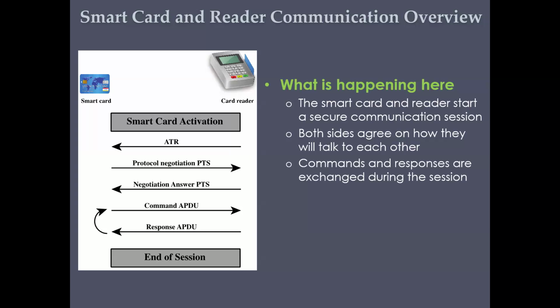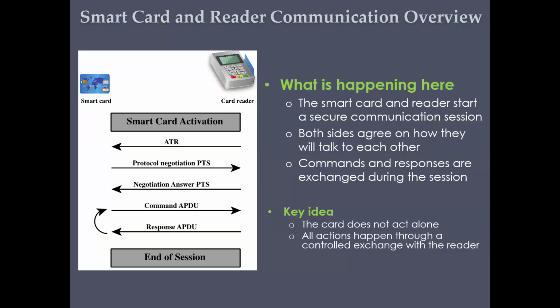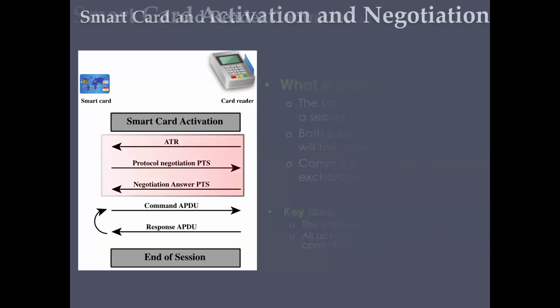So the smart card and reader will have a secure communication session. That is the first step that happens between the smart card and the card reader. Then both sides agree on how they will talk to each other. That is usually the protocol: negotiations, and commands and responses are exchanged during that session. So the card does not act alone, and all these actions happen through a controlled exchange with the reader.